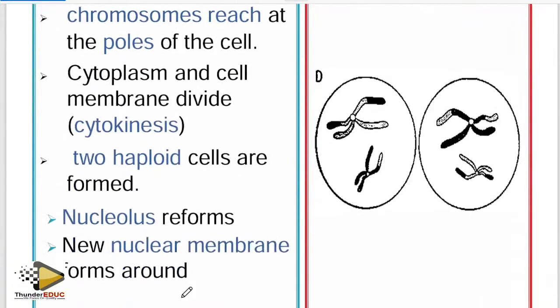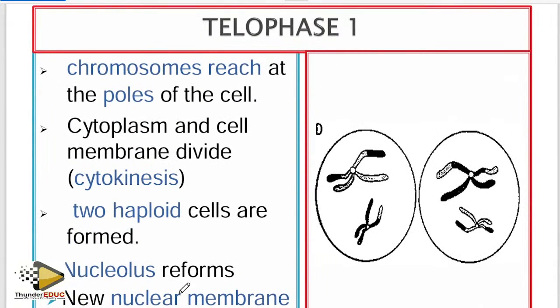Then once they move to opposite poles, they reach the poles. When they reach the poles, we say that telophase is starting. Therefore, we say that the chromosomes reach the poles of the cell. The cytoplasm and the nuclear membrane start to divide. This division of the cytoplasm, in science we call it cytokinesis.